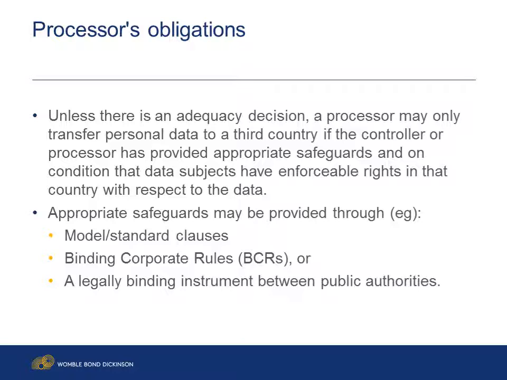Examples include the European Union, United States of America Privacy Shield arrangement. Where there is no adequacy decision in place, appropriate safeguards may be provided through means such as the use of model or standard clauses, binding corporate rules, or a legally binding instrument between public authorities.